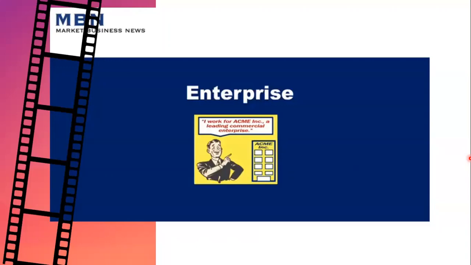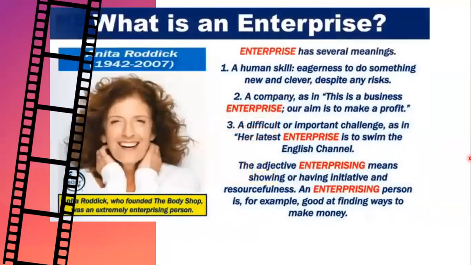What is an enterprise? Enterprise has different meanings. It can refer to 1. A human skill, 2. A company, or 3. A difficult or important challenge. The adjective enterprising means showing or having initiative and resourcefulness. An enterprising person, for example, is good at finding ways to make money.